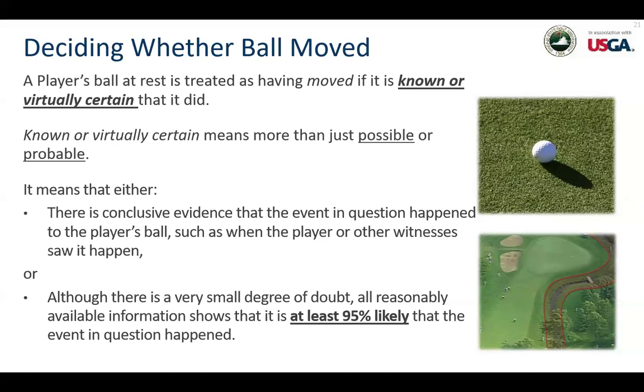Again, we have to use that 95% standard to determine. This can use all the information gathered by spectators, whoever's around to determine that. But you have to have a 95% standard as to whether or not the ball actually moved or not. So another time that the known or virtual certainty definition is used here.